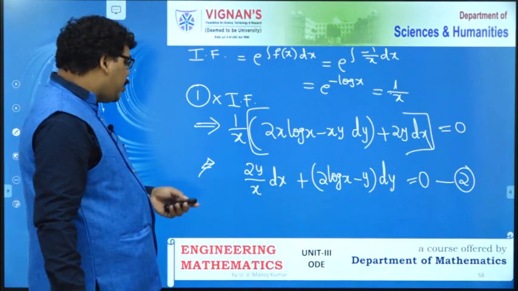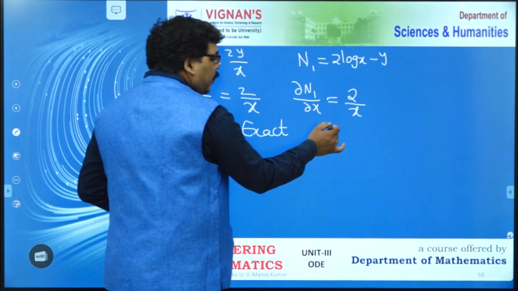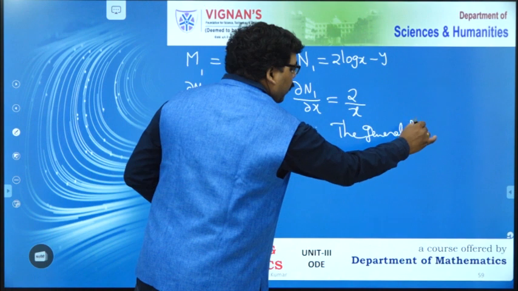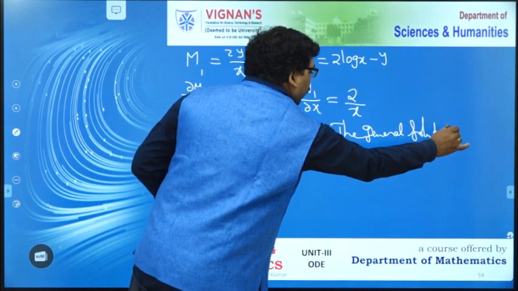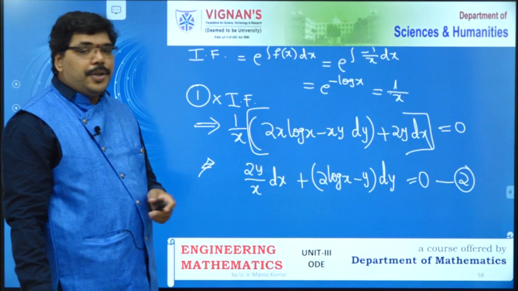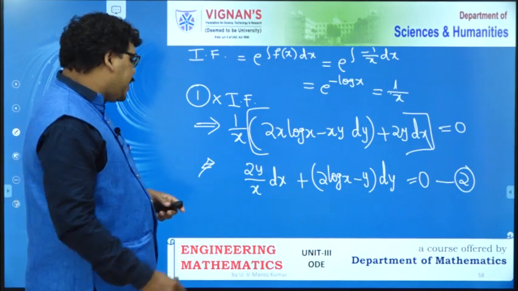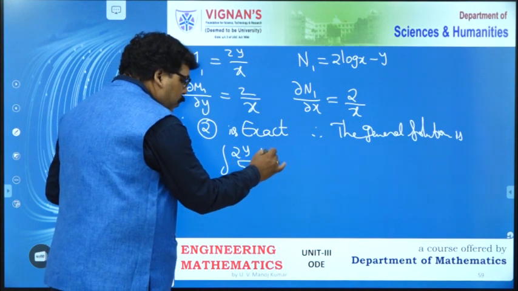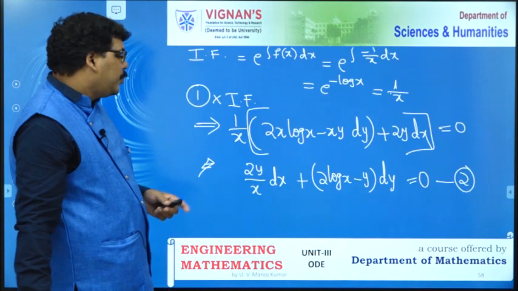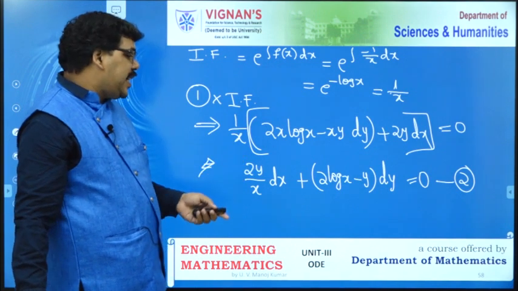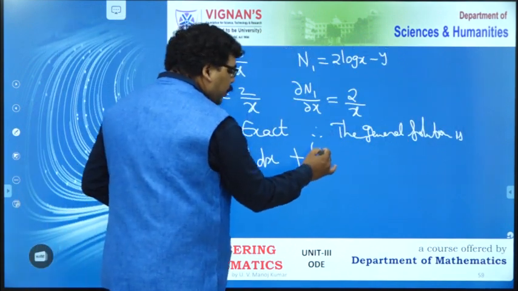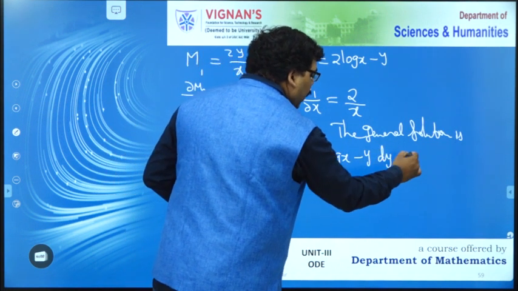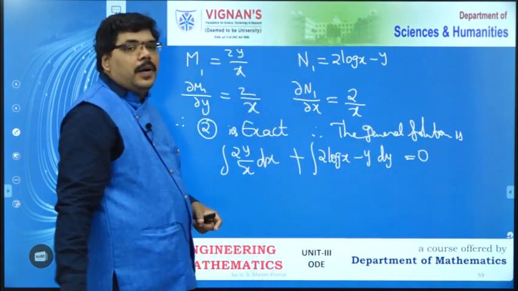So the general solution is integral 2y by x dx plus integral 2 log x minus y dy equals 0.